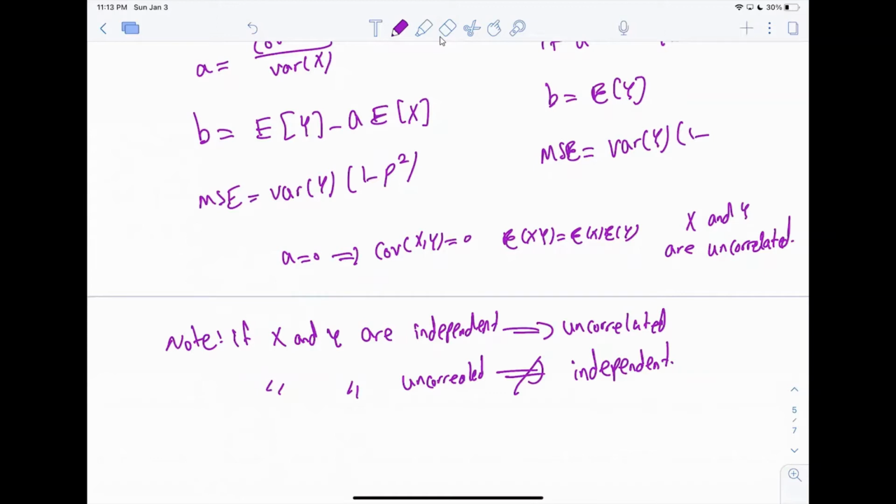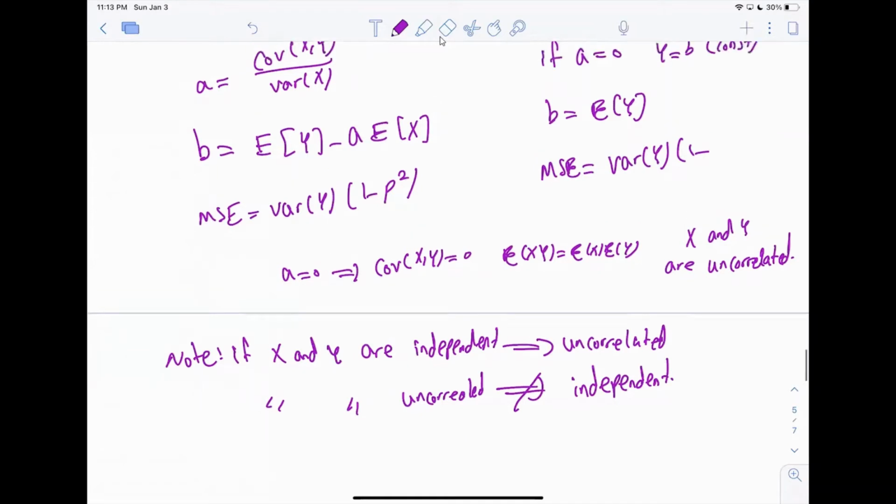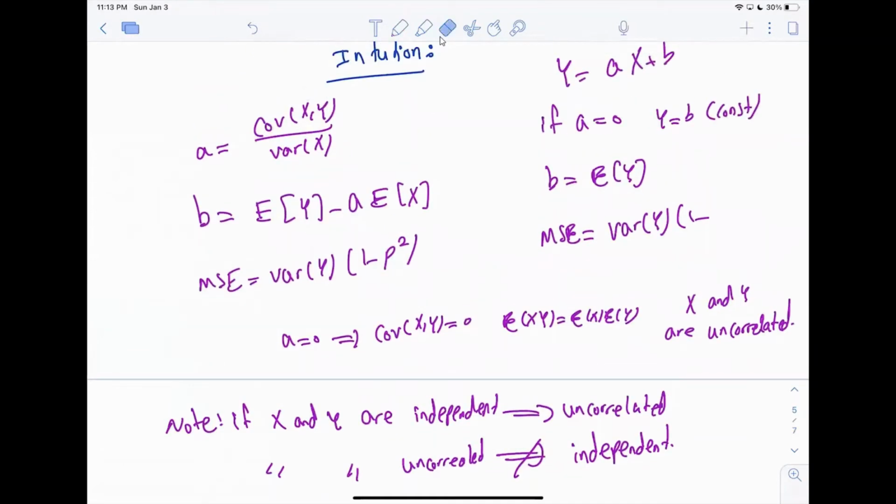Since we don't have any assumption, we can say that x and y are independent. If x and y are independent, the covariance is 0, then a is 0.